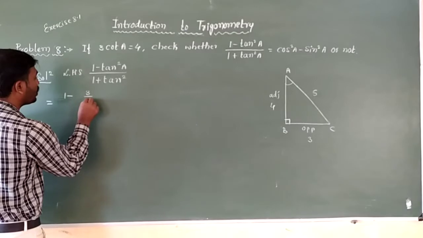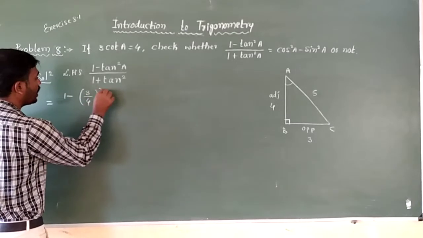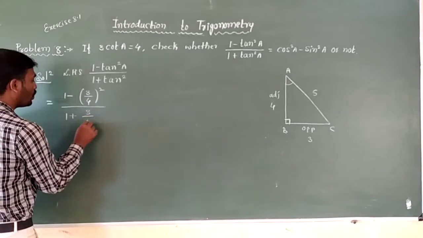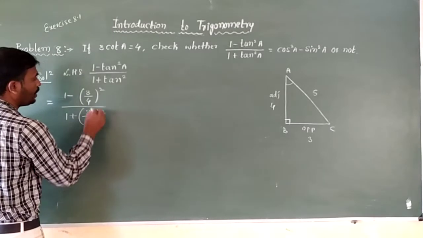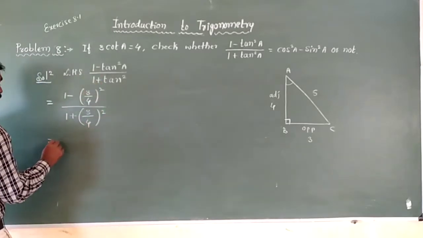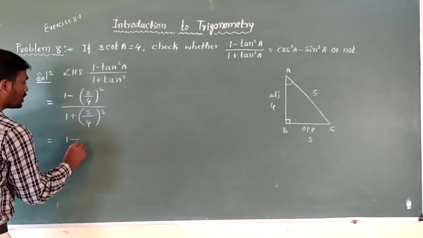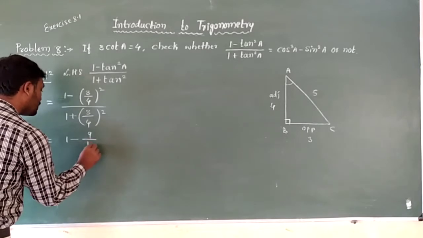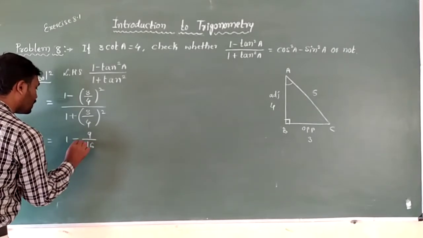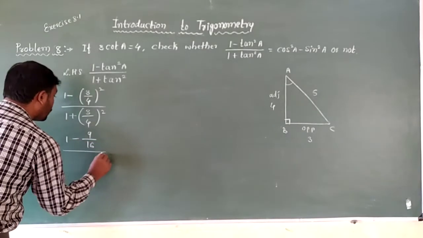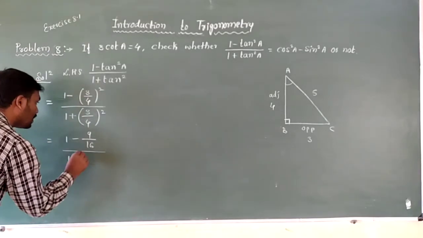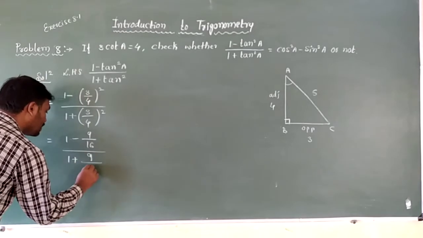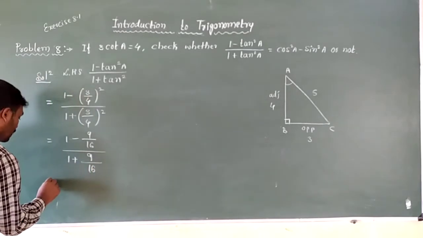So 1 minus (3 by 4) whole square, divided by 1 plus (3 by 4) whole square. So this is equal to 1 minus 3 square is 9 divided by 4 square is 16, whole divided by, again, 1 plus 3 square is 9 and 4 square is 16. Simplify this one again.